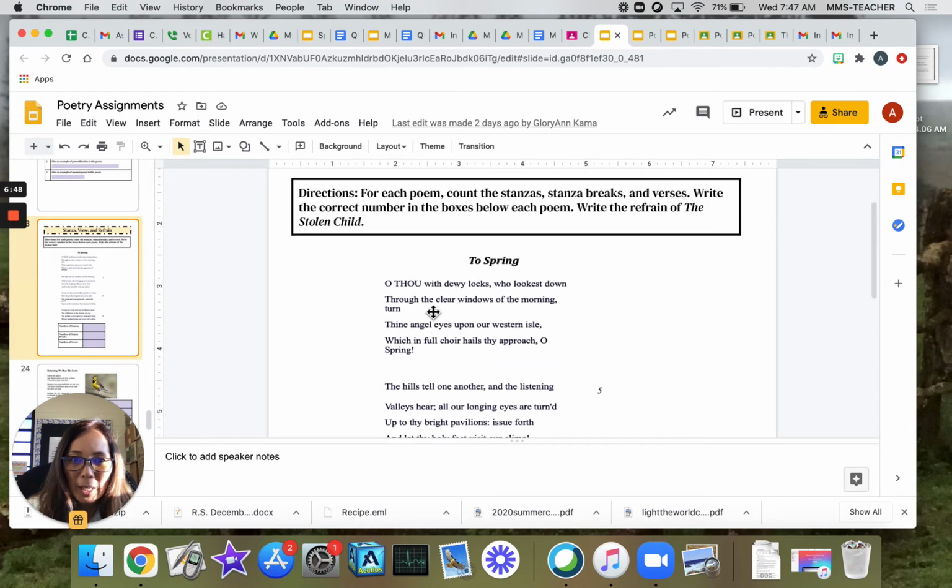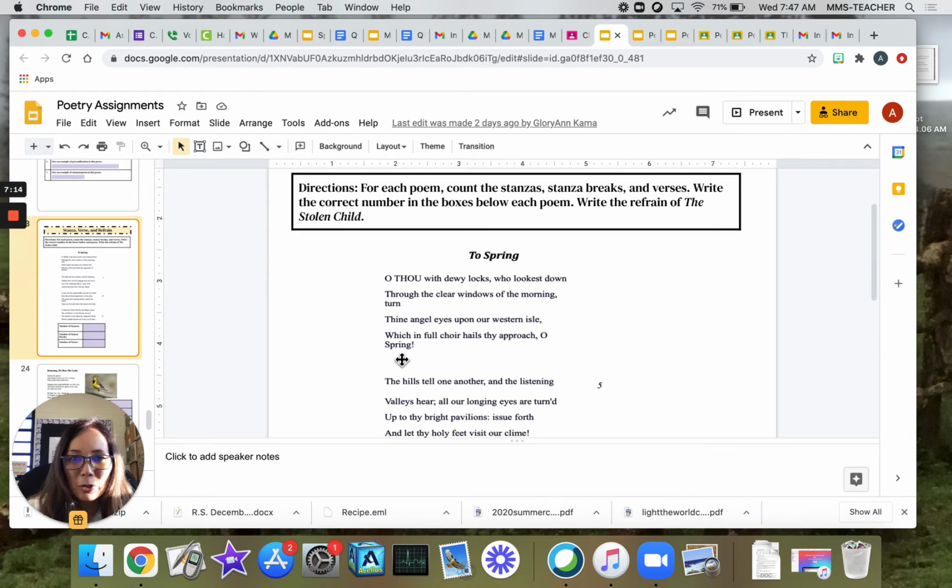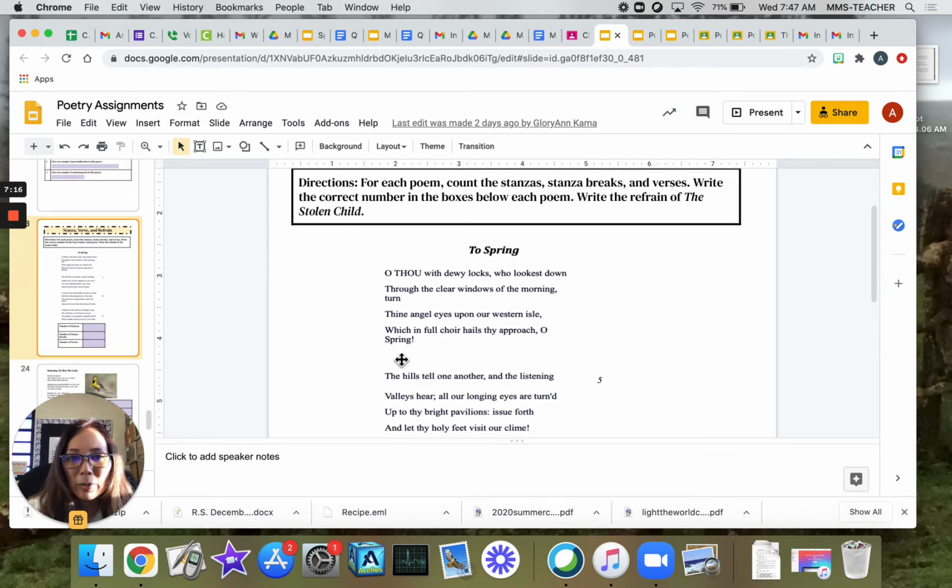So that's what a stanza break is. Okay, so it says, again, count the stanzas. You remember a stanza is like a paragraph in a poem. The stanza breaks, which is this extra space between the stanzas, and verses. So remember, verses are single lines in a poem. Okay, then it says to write the refrain of The Stolen Child.